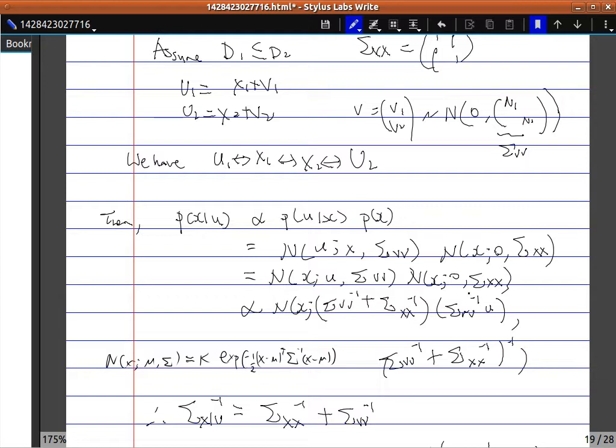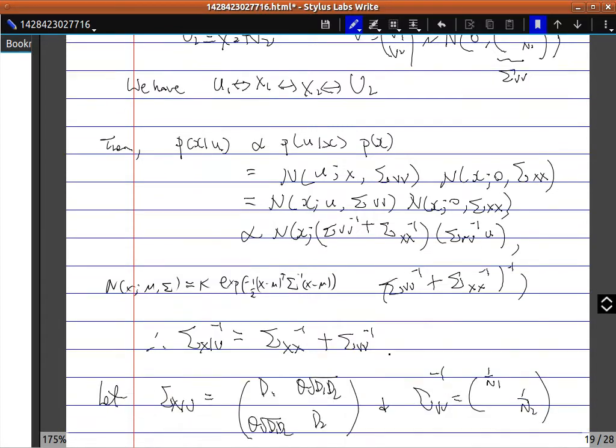And now if you look at this here, it's basically just a product of two Gaussian PDFs. If you use the complete-the-square technique, then eventually you will derive something like this. This is pretty simple, but a little bit tedious. This will become a Gaussian in X with mean like this and with covariance like this.